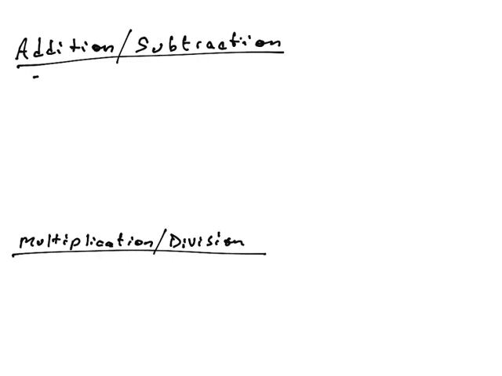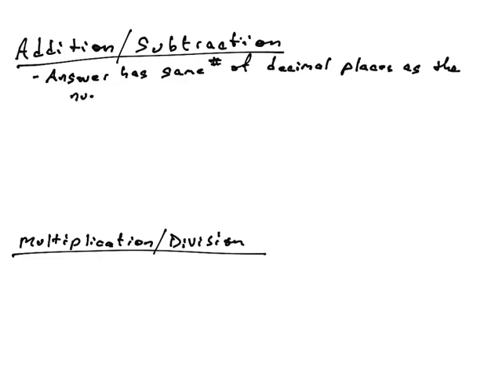So, the rule says the answer has the same number of decimal places as the number in the problem with the least decimal places. Now, what does this mean?